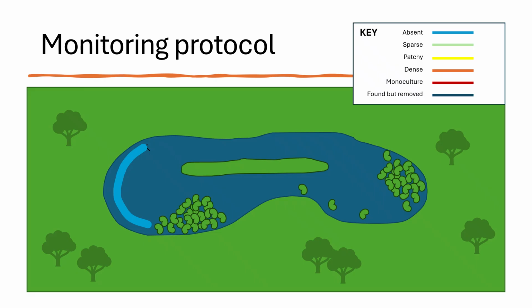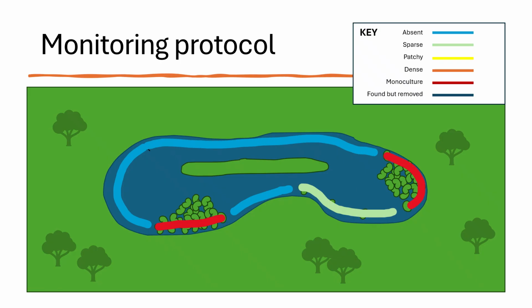Once you run into a huge patch of EFB, you can start streaming a new monoculture line. Then there is another absent area, a sparse area after that, another monoculture area, and then the rest is absent. Once you are finished, make sure to place your point survey at the end and note any additional information that that survey requires.